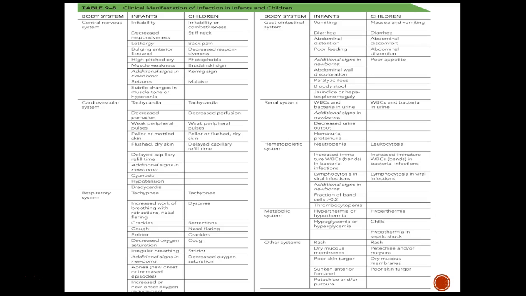So in terms of the central nervous system for infants, we tend to see irritability in both infants and children. But in children, we may see combativeness. For infants, we might see a bulging anterior fontanelle, which tells you that there is some pressure there that should not be there. Babies tend to have a high-pitched cry and muscle weakness.